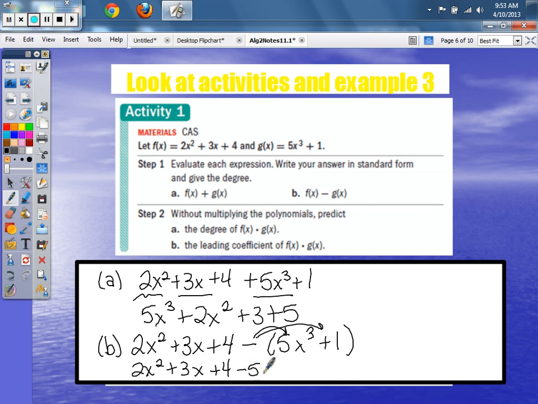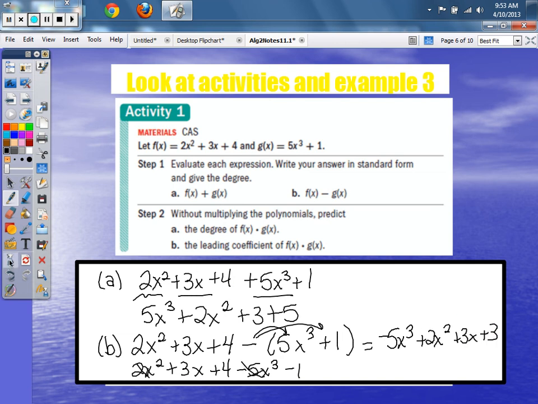It is very rare, but it has happened. So when I subtract them, I now get negative 5x to the third. Plus 2x squared, it's positive. Plus 3x. Plus 3. Adding and subtracting is not that difficult.